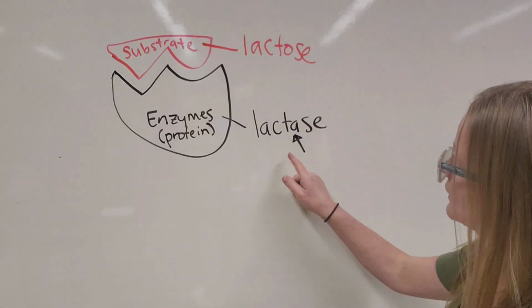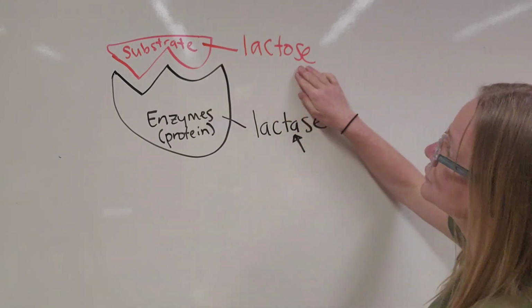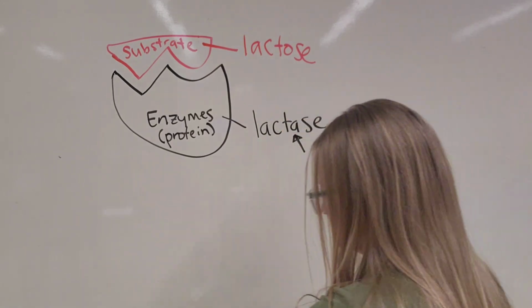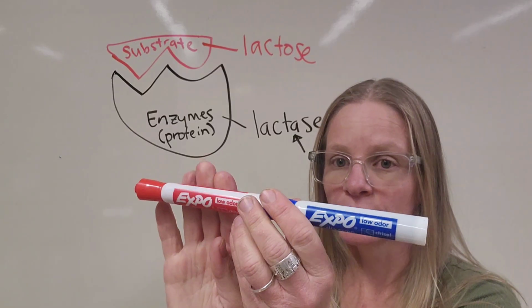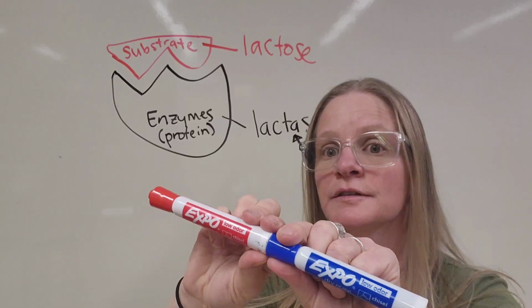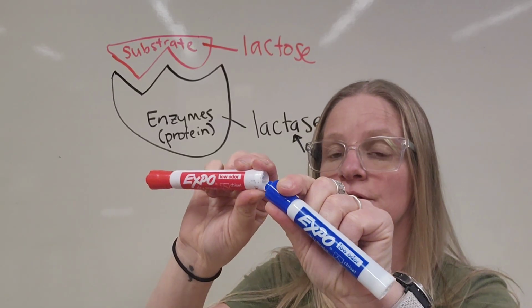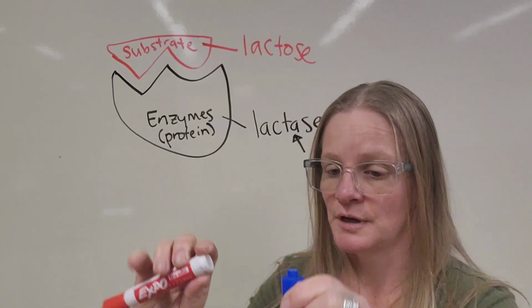And so what lactase is going to do is take lactose from its dimer state of a glucose molecule and a galactose molecule, and it is going to catalyze a catabolic reaction that is going to break that disaccharide into two monosaccharides.